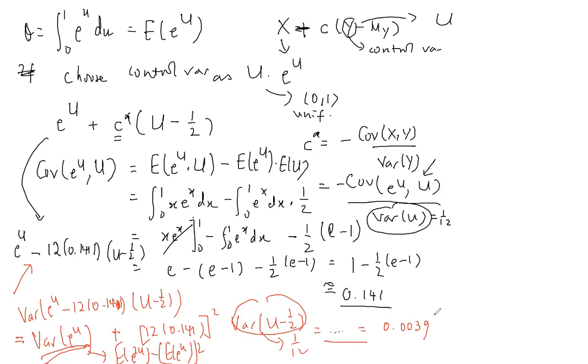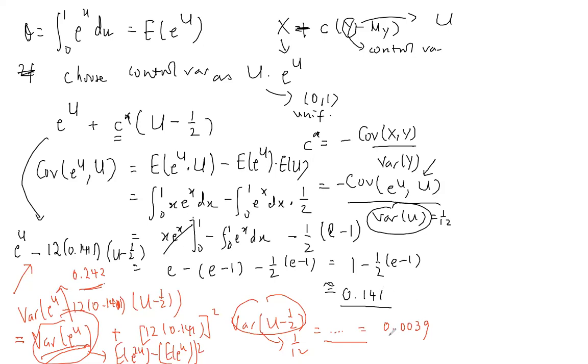Now if you use this, how much is the amount of variance reduction? If you calculate just this part, the evaluation is 0.242. You can check this.